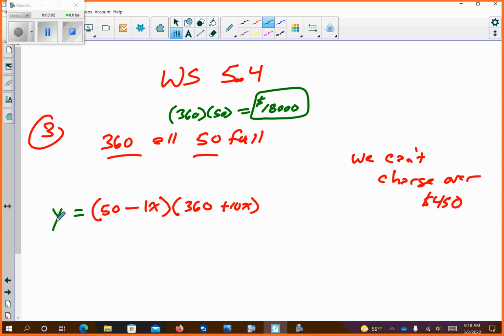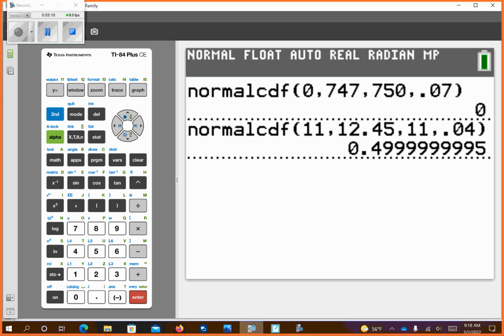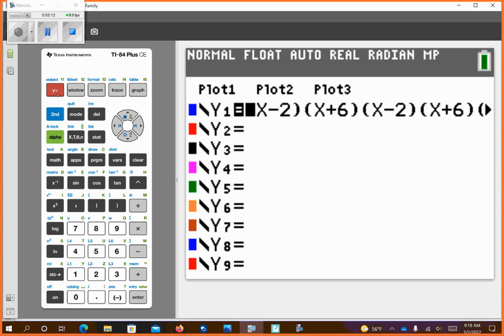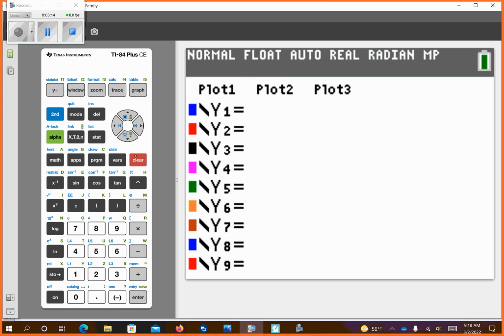So let's take a look at, actually, I have my graphing calculator here. I'll use it because I have it already loaded. All right, so y equals, let's clear that out. No stat plots on. So we did 50 minus 1x, and then we did 360 plus 10x.